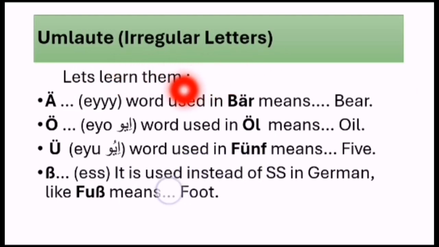Now, umlaute are irregular letters. Let's learn them. This is like A, but it has two dots. It is E, used in the word Bär. Bär means bear. Then this is not O, this is Ö, used in the word Öl.